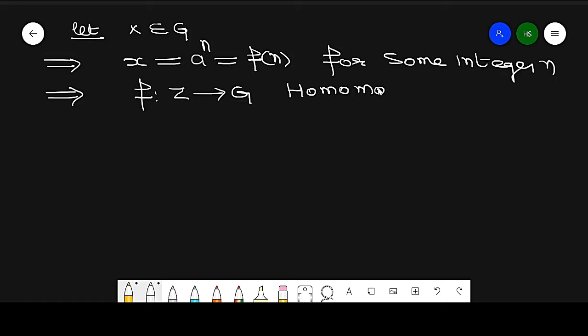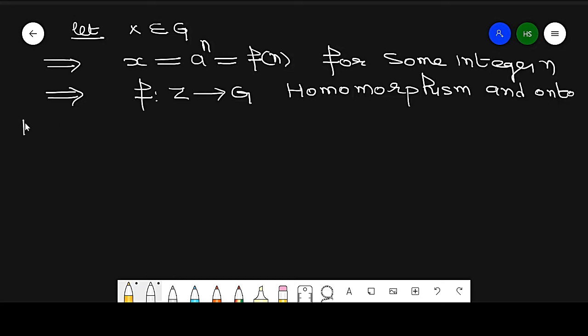Here we will apply the fundamental theorem of homomorphism. So this map is a homomorphism and onto.